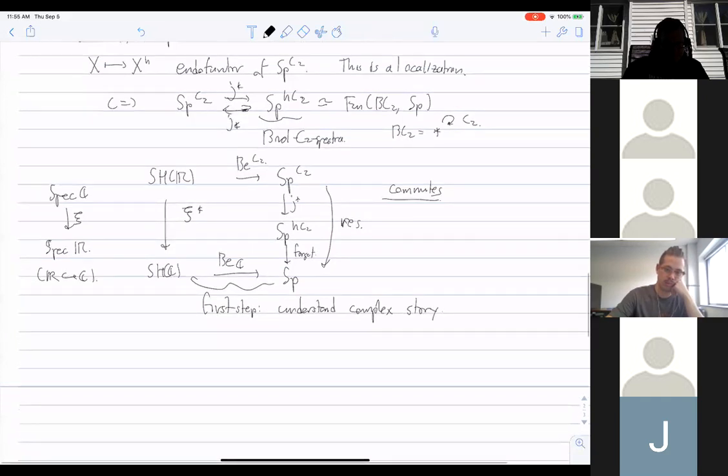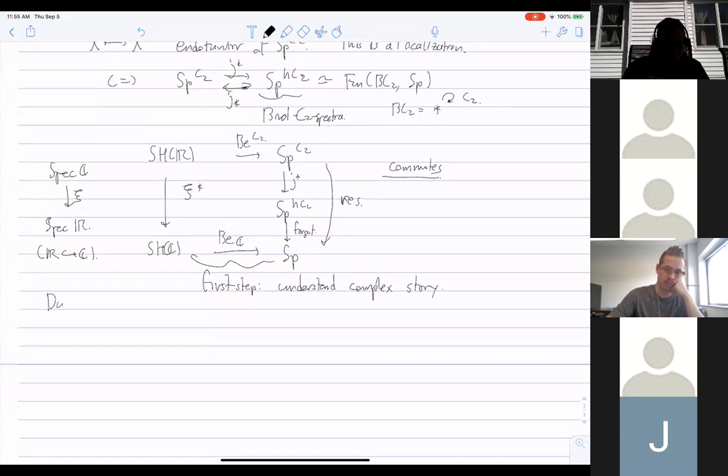Luckily for us, Dugger and Isaksen have a complete understanding of this, essentially. So they proved the following. Let X be a cellular complex motivic spectrum. Cellular means that X is generated in the localizing subcategory generated by the bigraded motivic spheres.